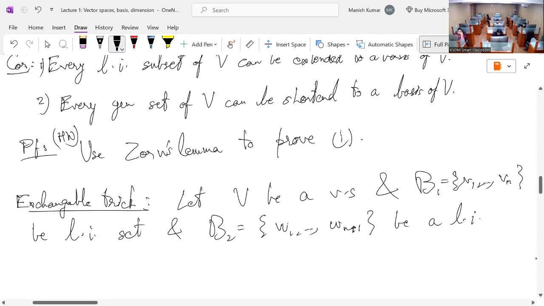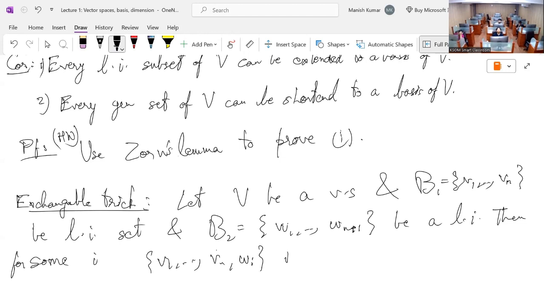So the claim is that for some i, the list V1 to Vn, Wi is linearly independent of length n plus one.